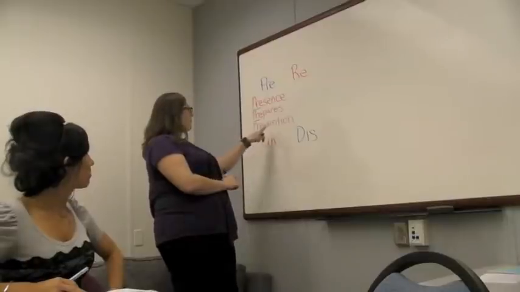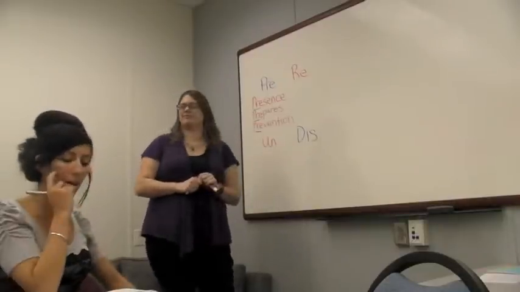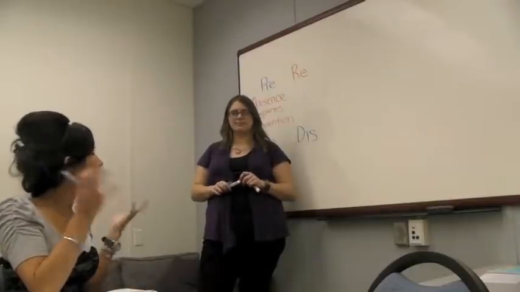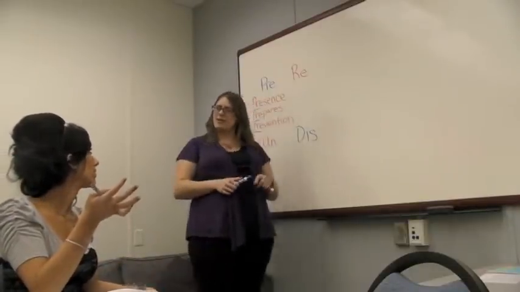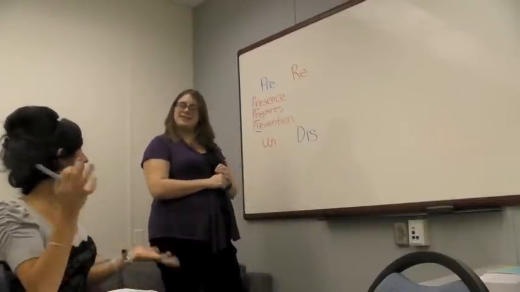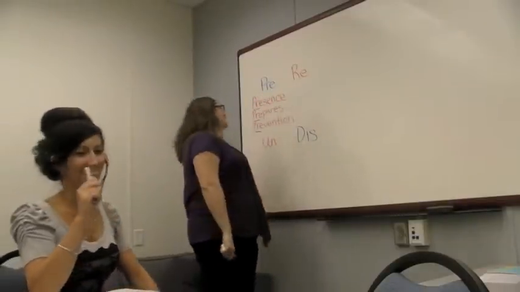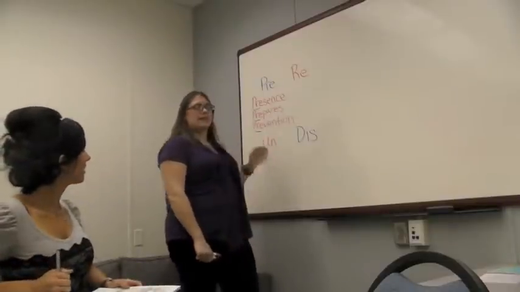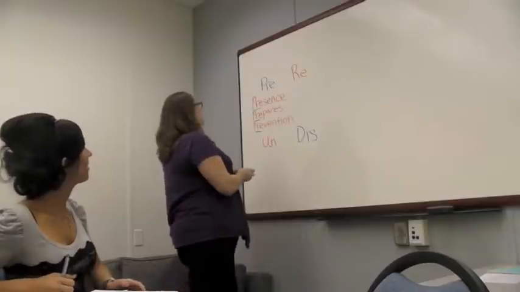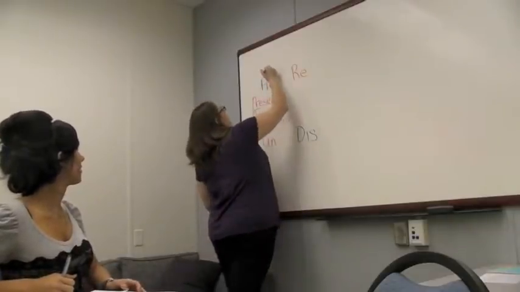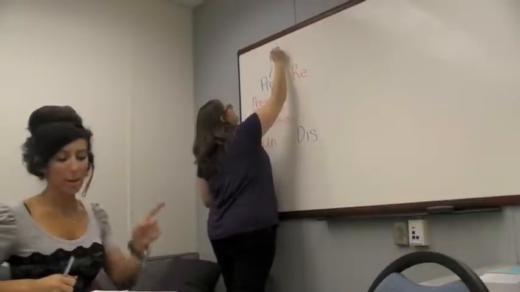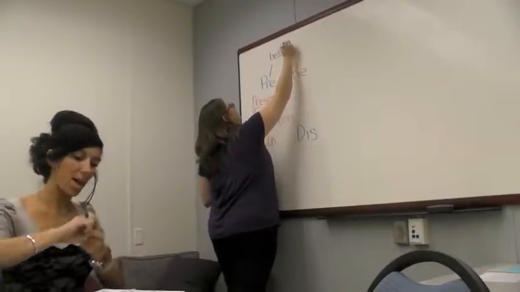And what about prevention? What does that mean? Like you're trying to stop something before it happens. So what could we infer that pre might mean? Probably before. Before, exactly. So whenever you see pre in something, it can usually indicate before. Okay? So let's write that up here. We'll just make a little web. So pre means before.